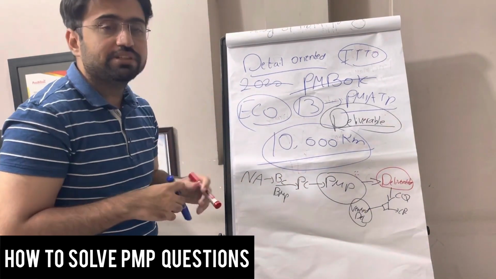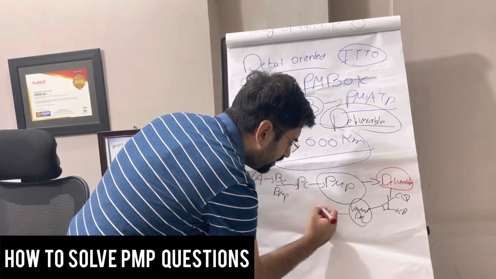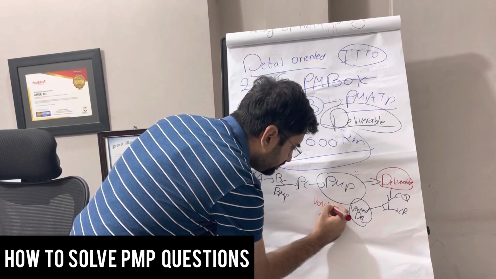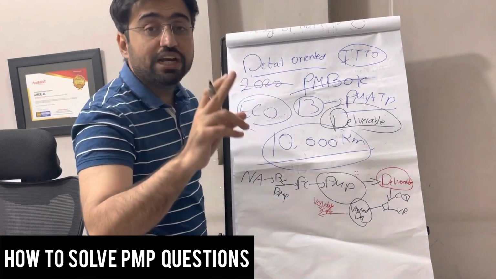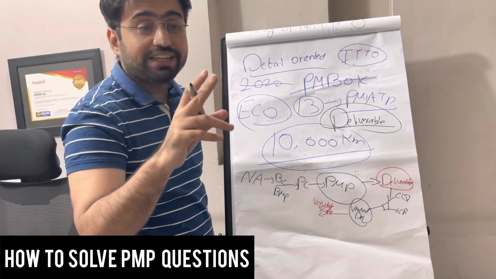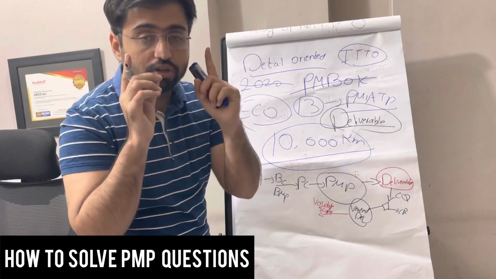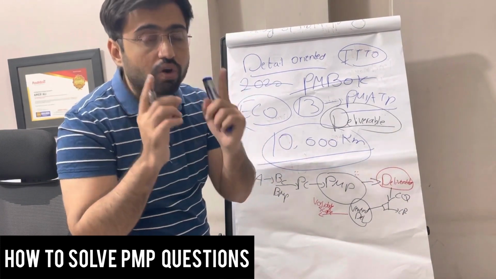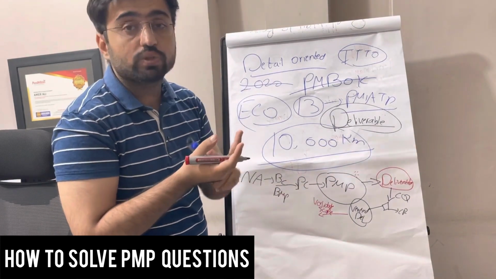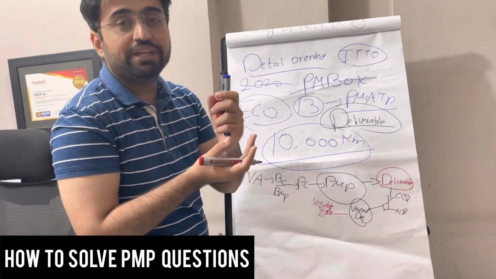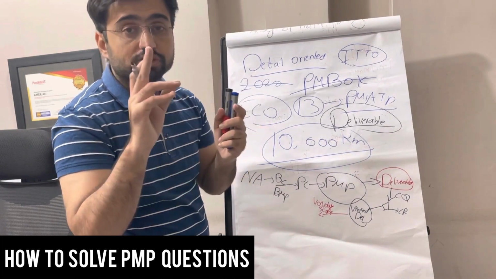Then once the deliverables are verified, comes the client. This process is known as validate scope. We are validating what was agreed in the project scope statement, what is in the scope baseline, not in the requirement documentation, not in the requirement management plan, not in the requirements traceability. Validate scope is according to the scope baseline, what has been agreed with the client in the project scope statement, and then finally in the scope baseline.